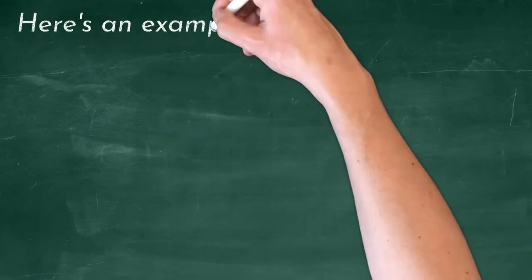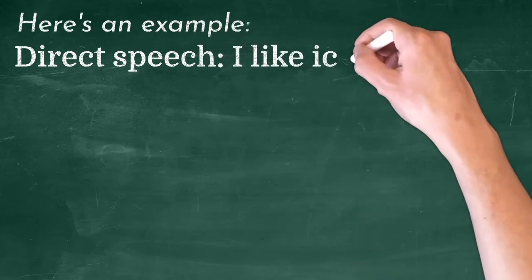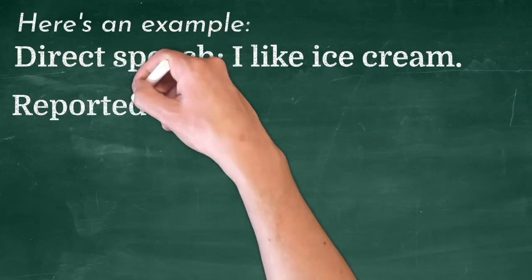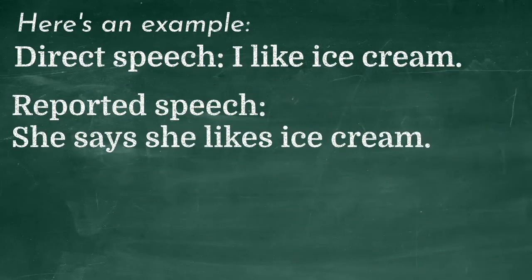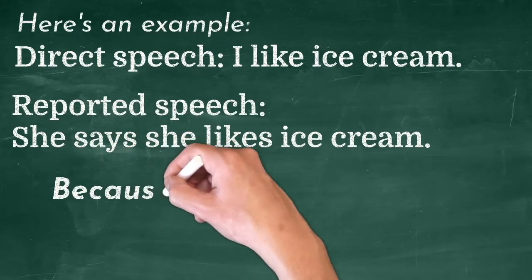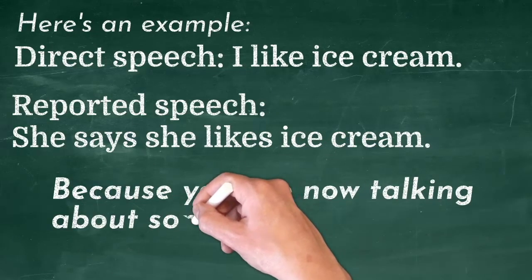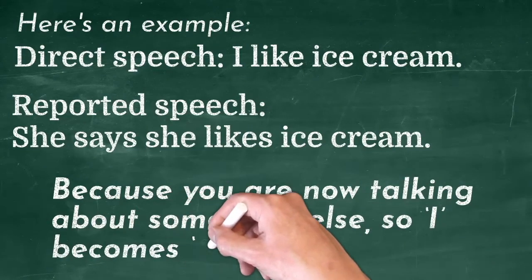Here's an example. Direct speech: I like ice cream. Reported speech: She says she likes ice cream. So, here, nothing really needed to be changed except the pronoun, because you are now talking about somebody else.